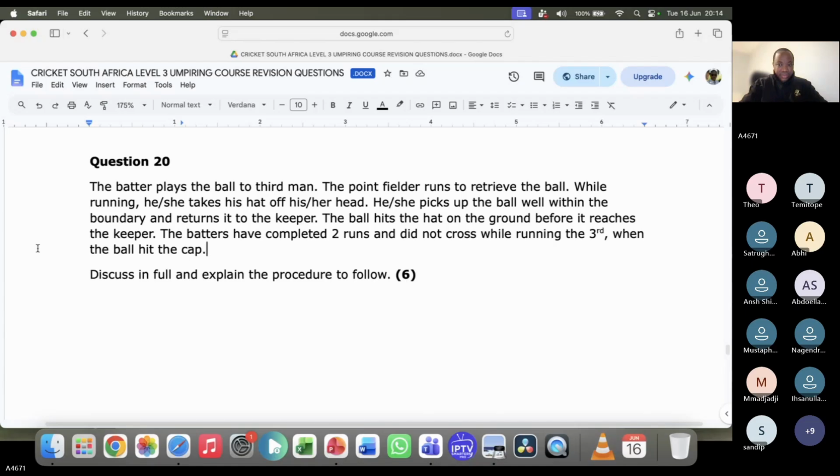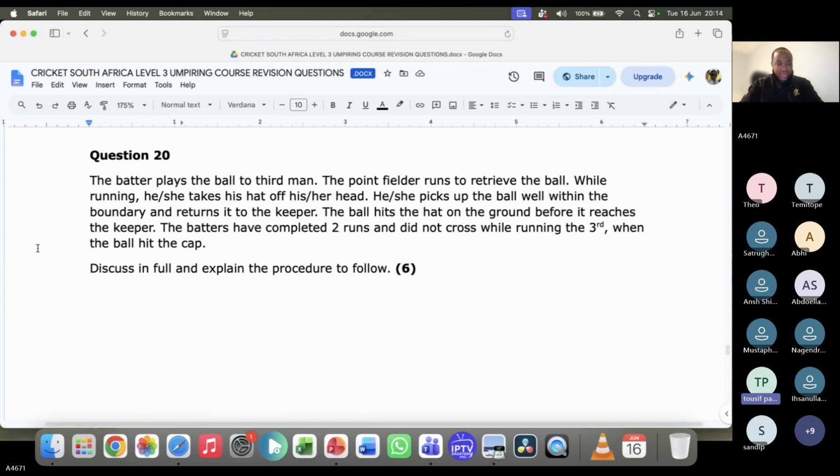Hi, good evening, Abdullah and Tom. In this scenario, the fielder takes off his cap willfully. So when the ball hit his cap, when he returned it to the wicket keeper, as soon as the ball hit the cap, the ball becomes dead. And we give 5 penalty runs to the batting side.